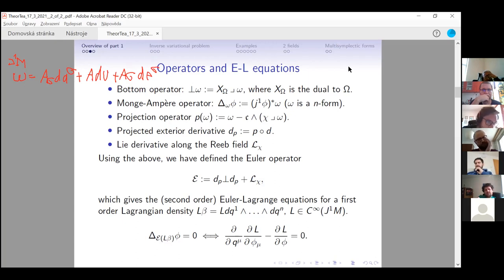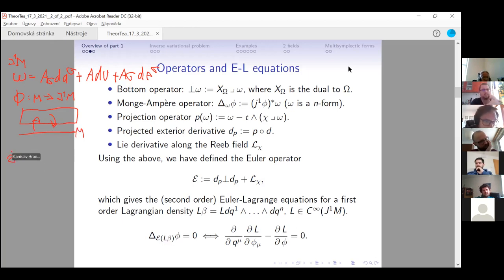And let's say now you have phi that goes from M to J1M. So you have a section here, then you have your forms here, and you can pull back in the opposite direction.